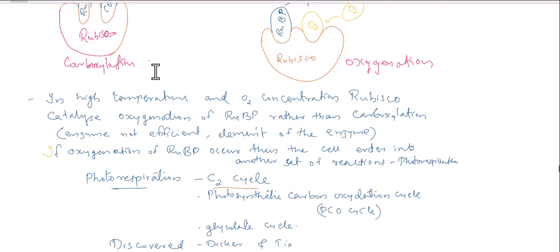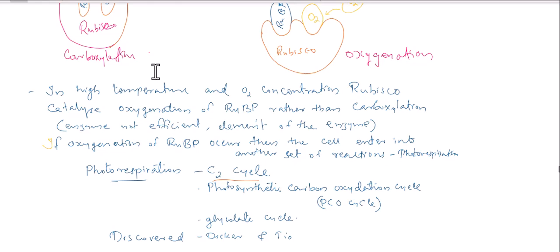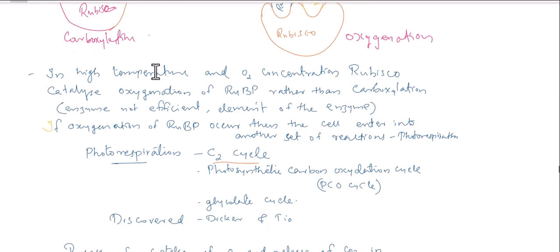It's an abnormal reaction that occurs in C3 plants. As I told you earlier, the Rubisco enzyme can catalyze both oxygenation and carboxylation reactions. If RBP combines with oxygen, it affects the rate of photosynthesis.